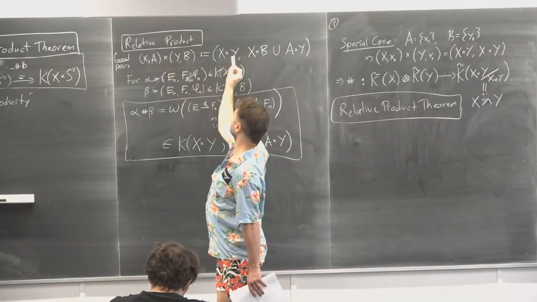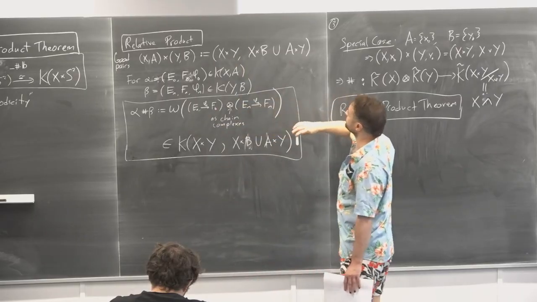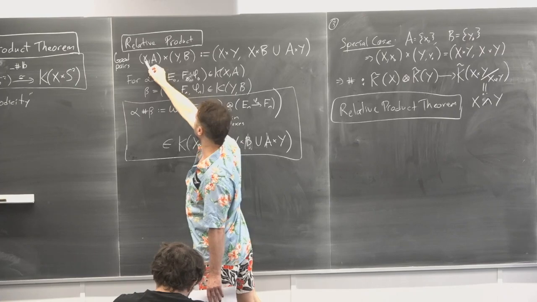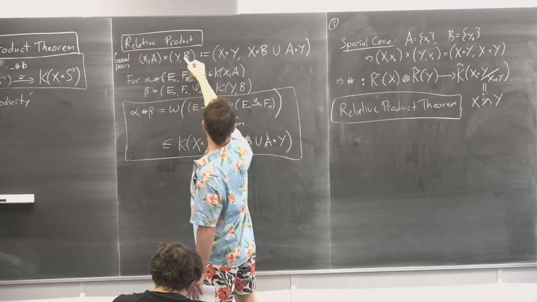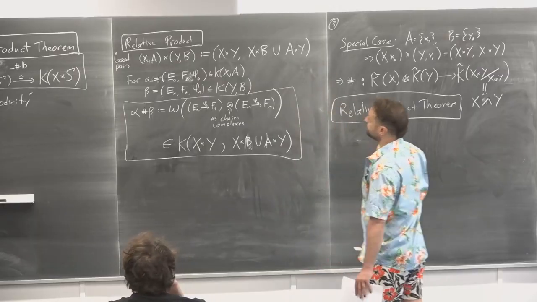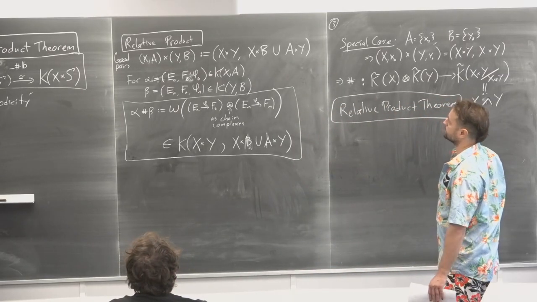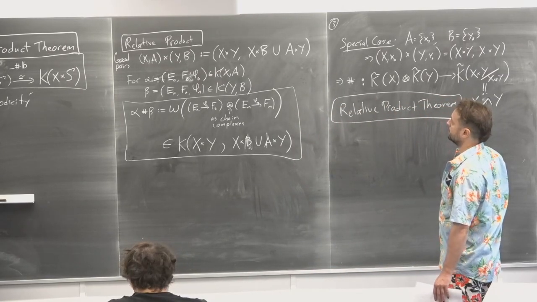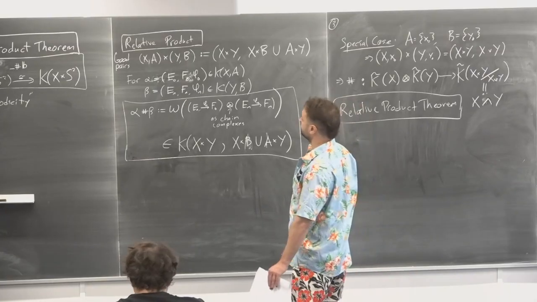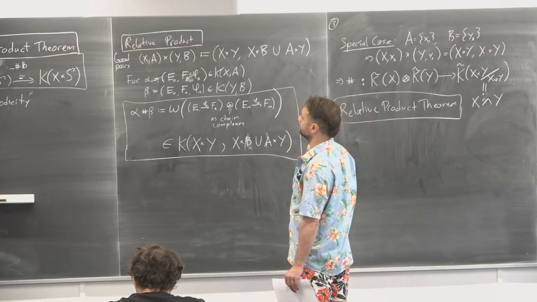You're going to start with X times Y as the main space, but the subspace that you're relative to, you're going to do sort of like a distributive law. You're going to take X times B and union that with A times Y. So depending on your situation, these two subspaces might not be disjoint. In fact, they probably are almost never disjoint.